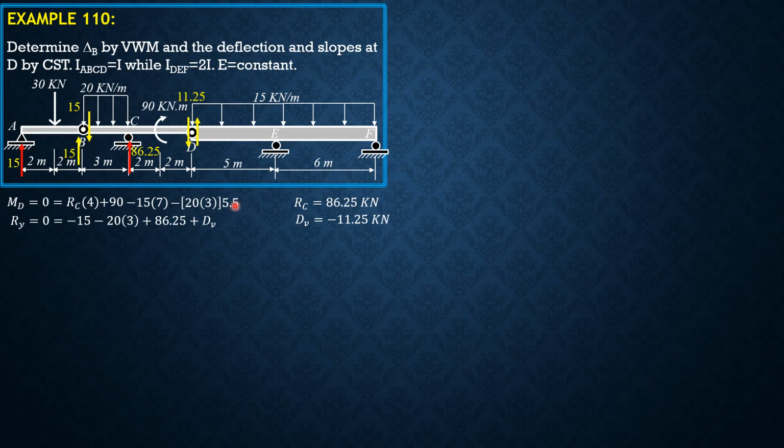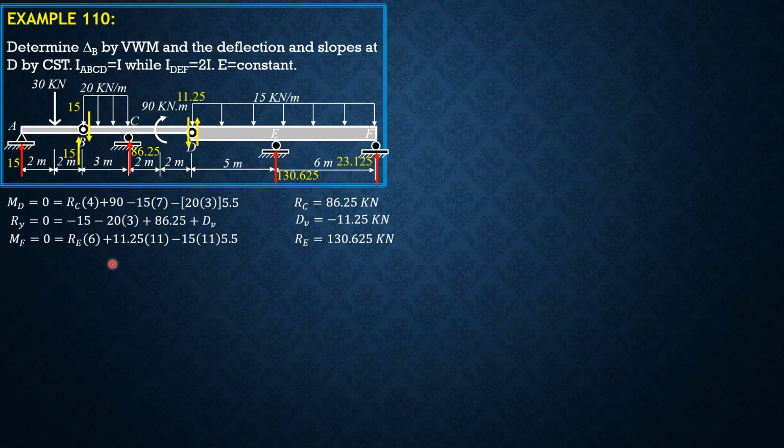Then considering DEF, summation moment about F equals 0 to solve for RE. RE times 6 plus 11.25 times 11, then minus 15 times 11 times 5.5. Then RE equals 130.625 kilonewtons as shown.